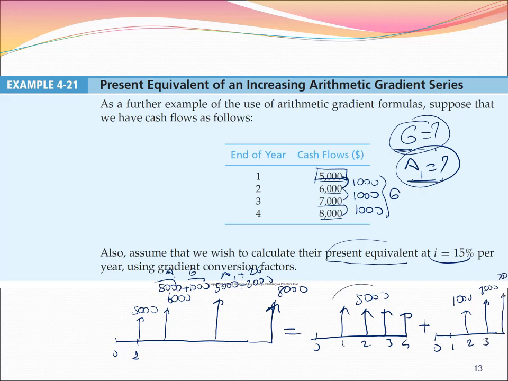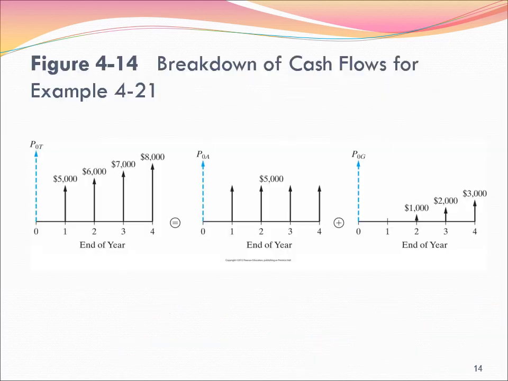Then we will find the present value of the first one using 5000 multiplied by P given A, 15%, and 4, plus for the second one again we need to find the present value, which is 1000 times P given G, 15% and 4. When we add up these two values we find the present value.